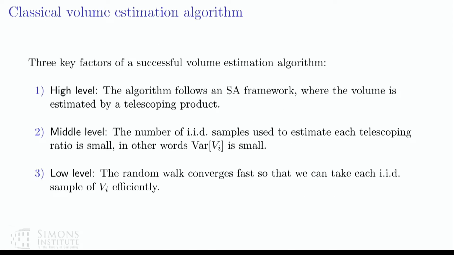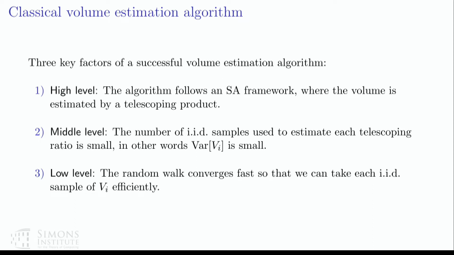So let's make a quick summary here about the success of the classical volume estimation algorithm. There are 3 key factors. At a high level, this is a simulated annealing algorithm where the volume is going to be estimated by a product of some telescoping ratios. At the middle level, we take some IID samples such that we can give a good estimation of each telescoping ratio.